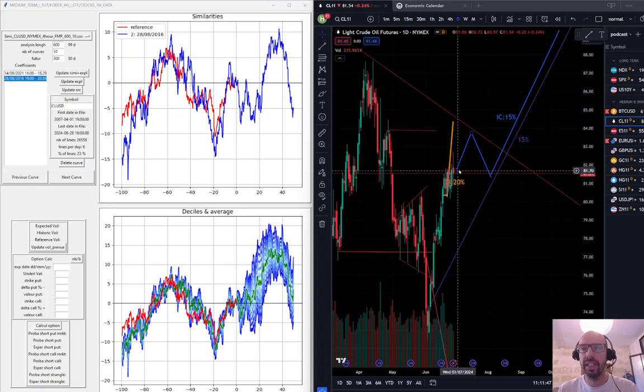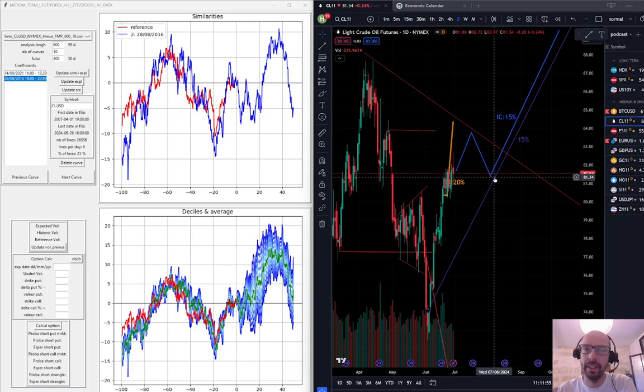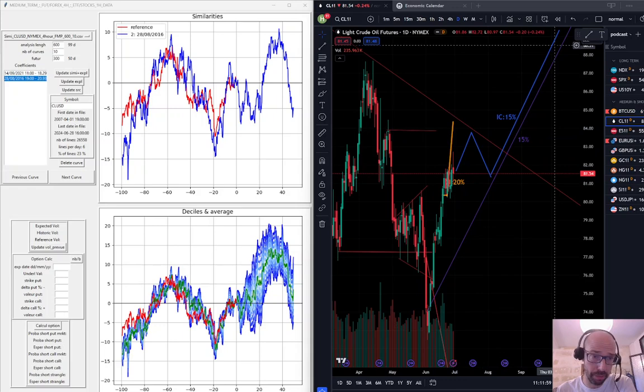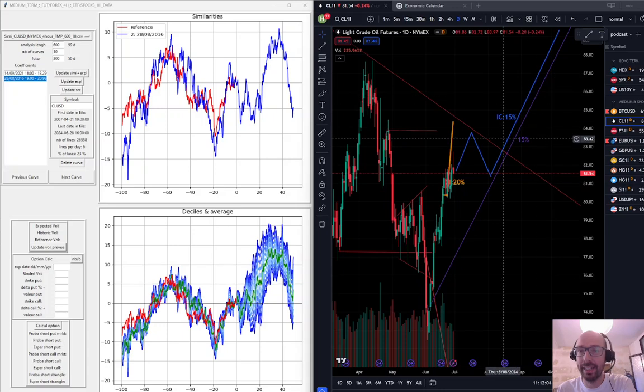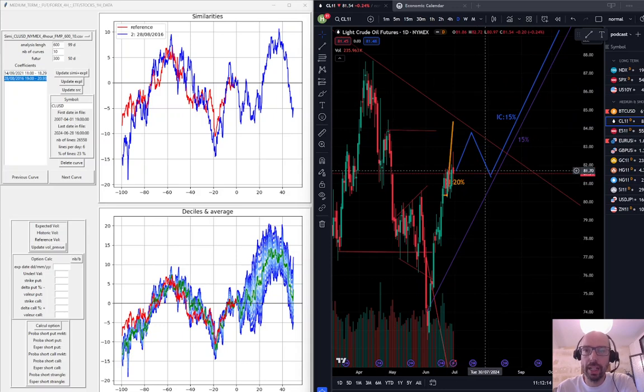Okay, that would give us something like that, with an up movement hitting the trend line here, then down, and then up again with a big movement, something like 15%. Anyway, that's in line with the long-term indication in violet here. So okay, we'll see next week if that goes well.